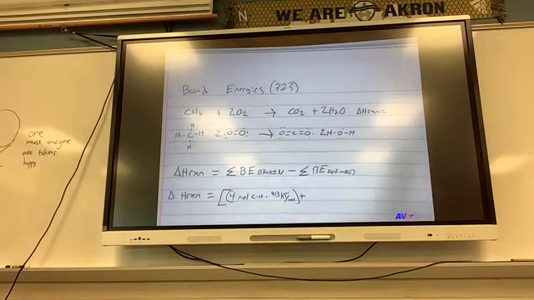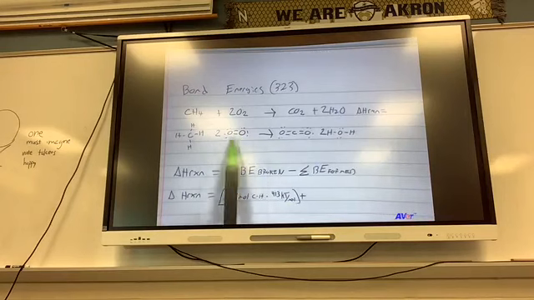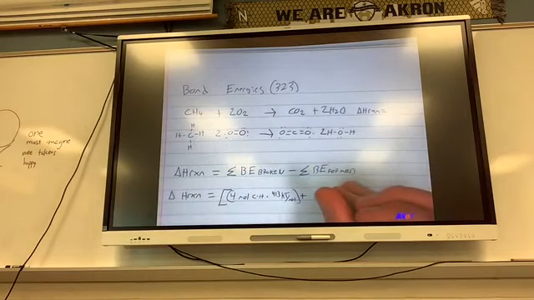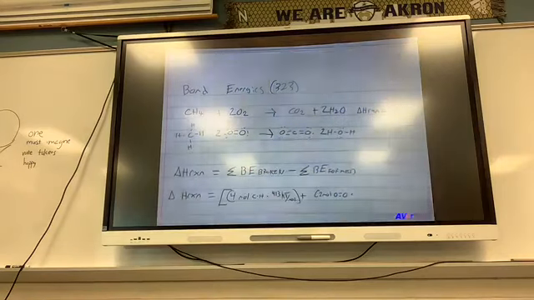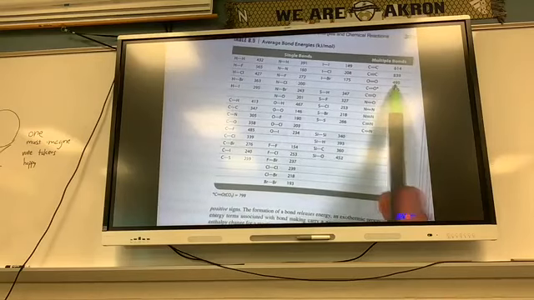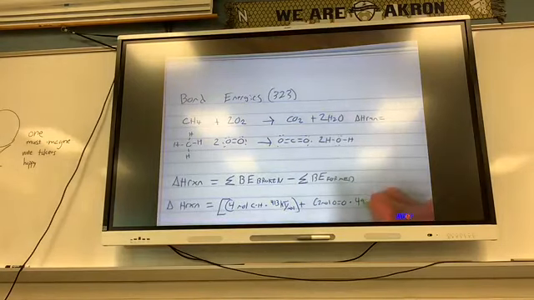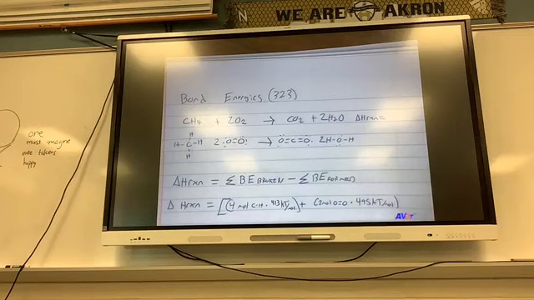Plus, I have 2 oxygen double bonds. I have no double bonds on this side, so I'm breaking 2 moles, so plus 2 moles of O double bonded O times 495 kilojoules per mole. So there's my bonds broken.